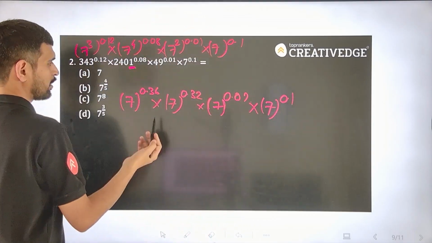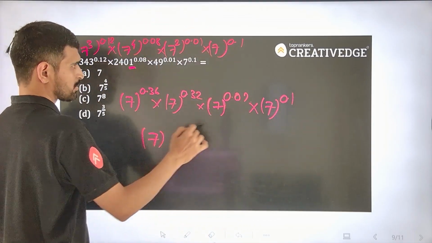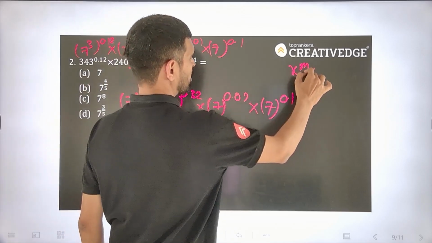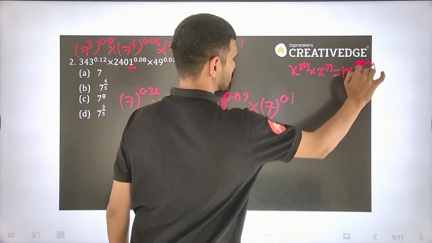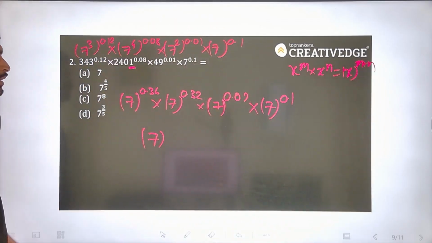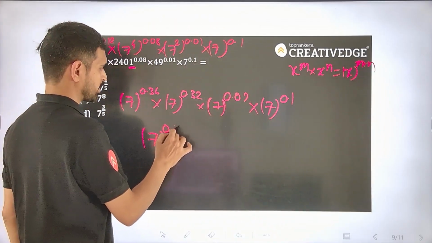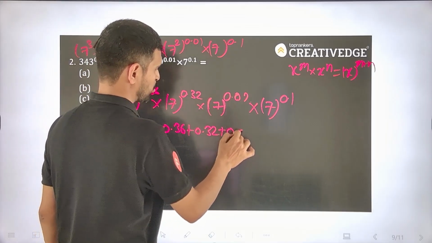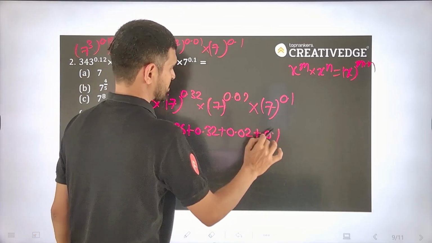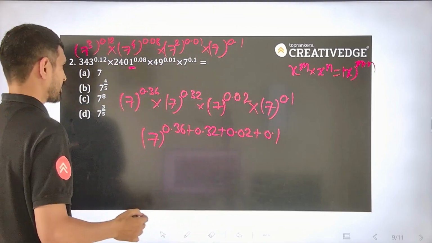Now we need to add, because x to the power m into x to the power n is x to the power m plus n. Now this is the line where we need to add all the powers. So let's add 0.36 plus 0.32 plus 0.02 plus 0.10, right?